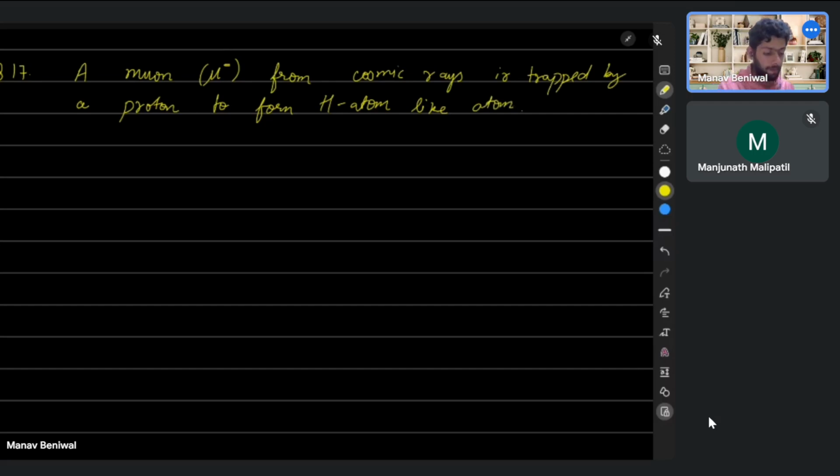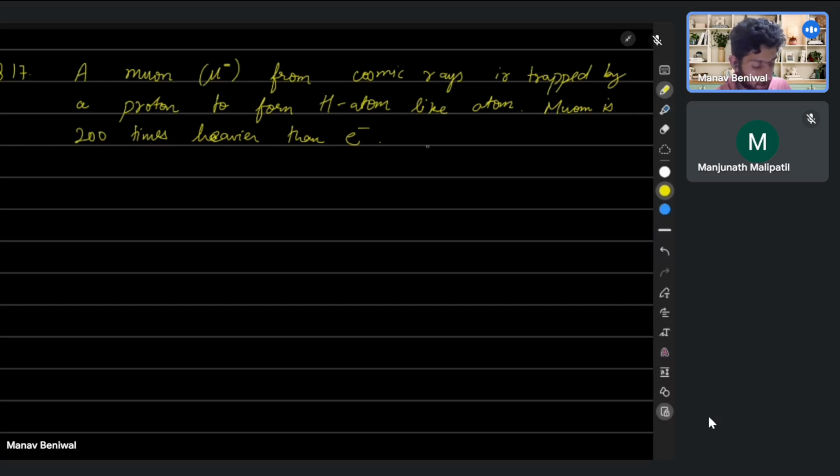Okay, so the muon is 200 times heavier than the electron.